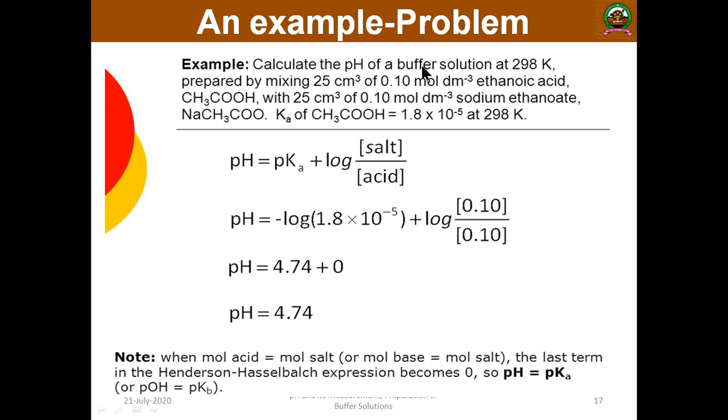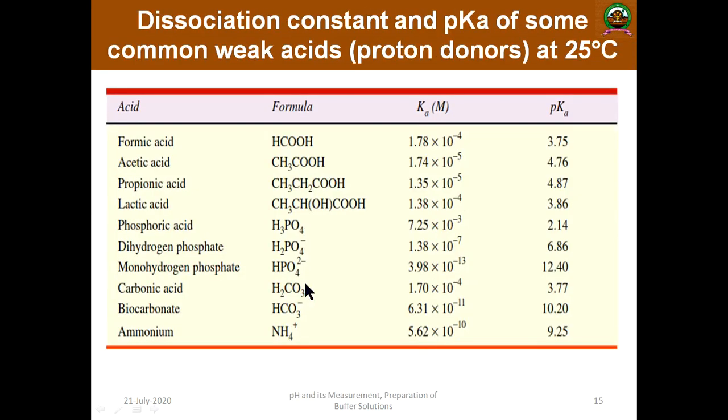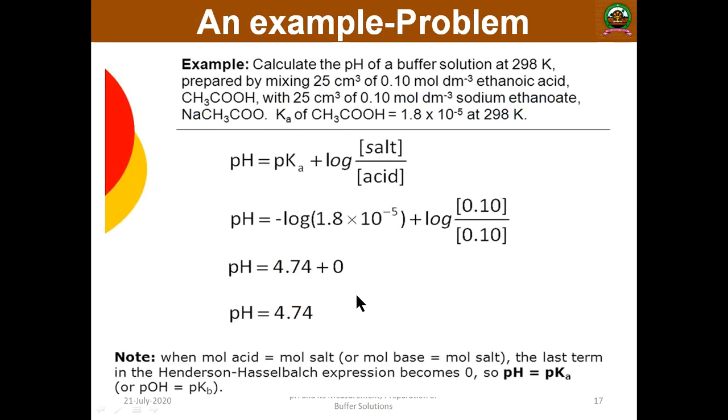The acid is acetic acid, and its concentration is 0.10. So that is log of 0.10 divided by 0.10. If you look at the logarithmic table and solve the equation, you will get a value of 4.74. So the pH is 4.74.